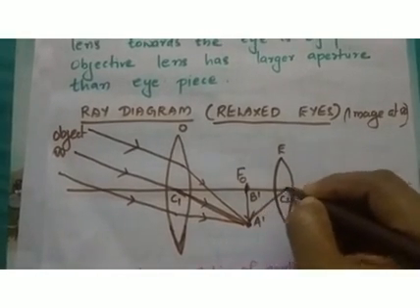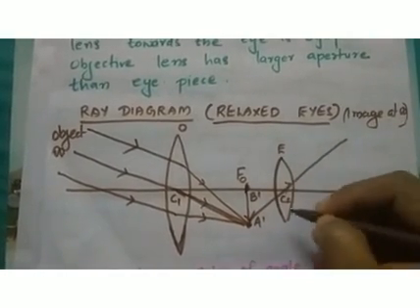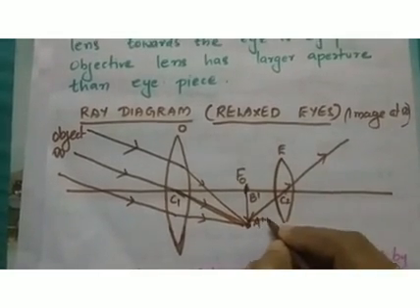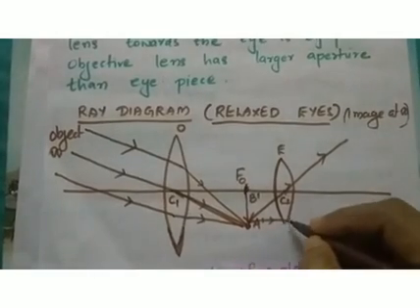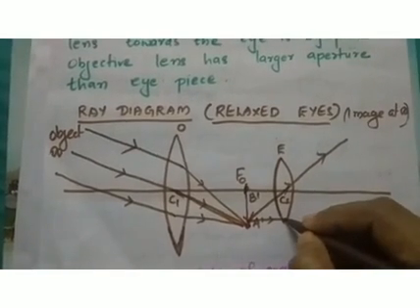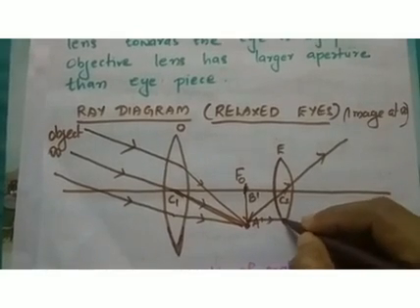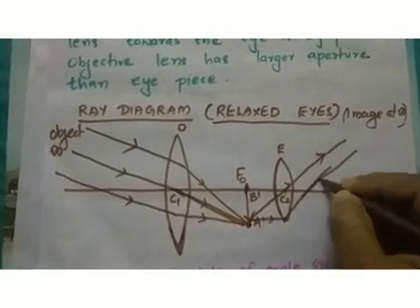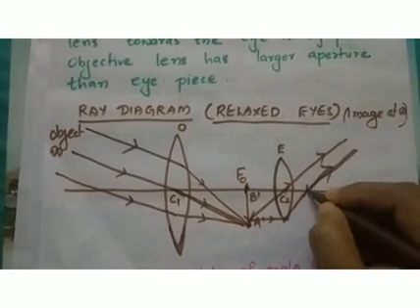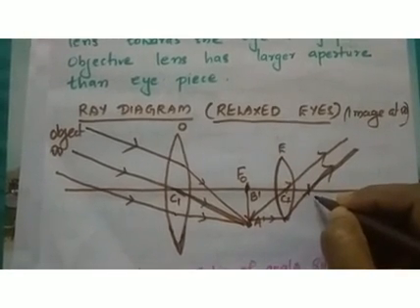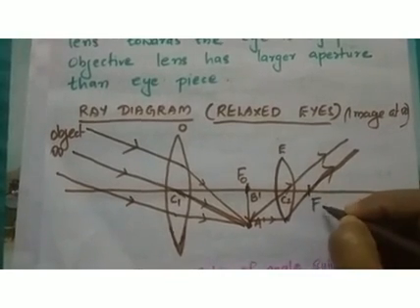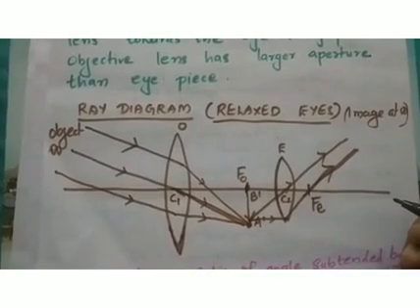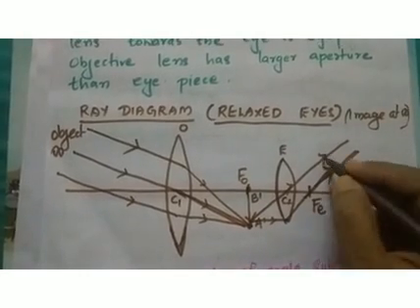One ray which passes through the center of this lens will go without any deviation, and another ray, let it be a parallel ray like this, and this parallel ray after refraction will pass through a point, and which is that point, it will be our focus, isn't it? So this will be the focus of the eyepiece lens.